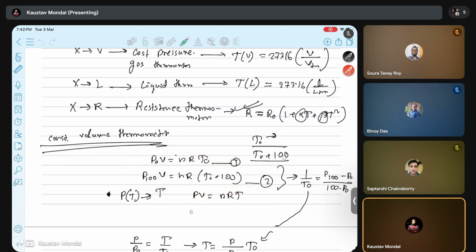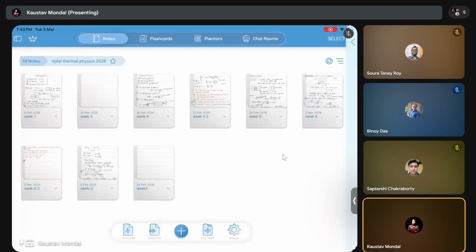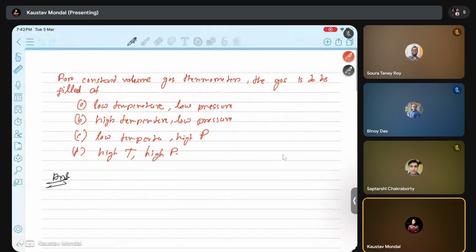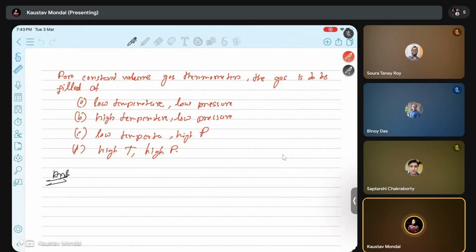Okay, so that means we have to use the pressure and temperature of the gas in such a way that the real gas inside this thermometer should obey closely the ideal gas equation. So in order to do that, the temperature should be high and the pressure should be low, in order to make the gas behave like an ideal gas.